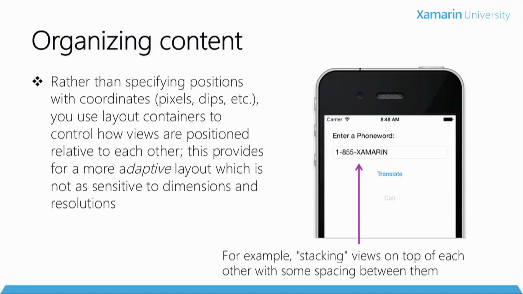We keep adding these child elements, and the layout container will be responsible for aligning them properly on the screen. This provides a very flexible system, and it's much better than the coordinate-based old layout style that you might have used on iOS.